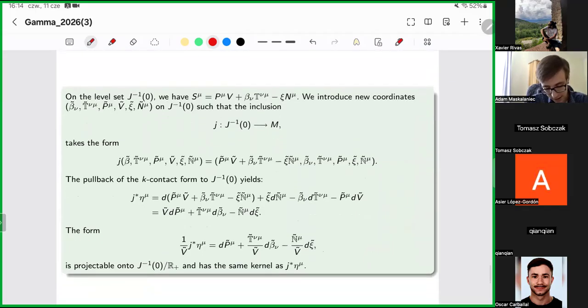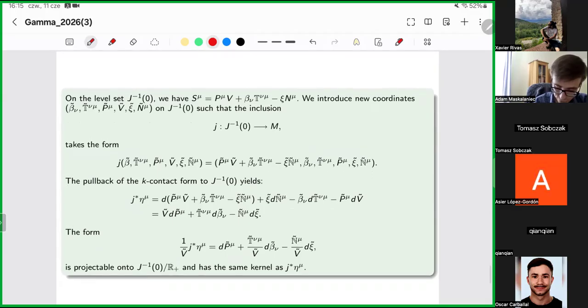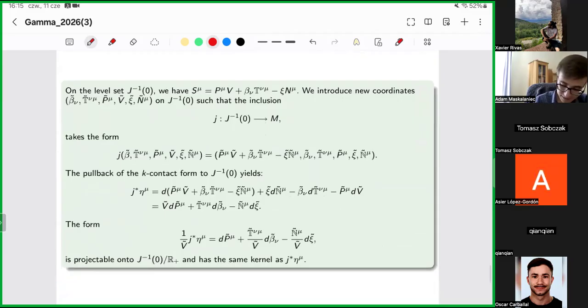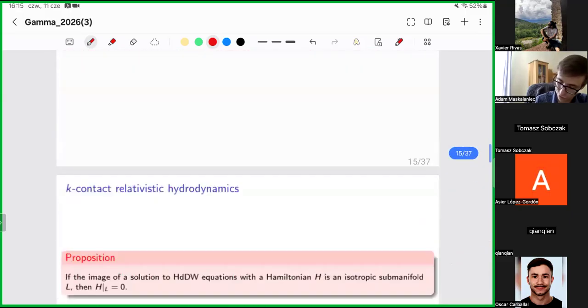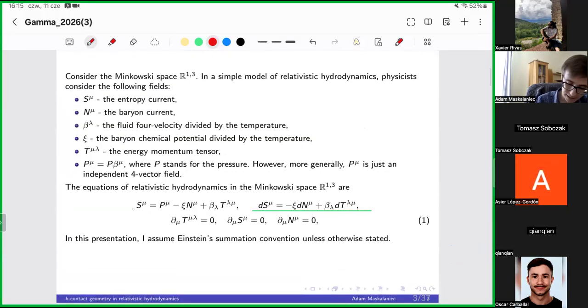And then, indeed, it turns out that if we at first restrict our submanifold to the level set of the momentum map, then we obtain a manifold with new coordinates with tildes, and moreover, this momentum map can be expressed using this so-called Gibbs-Duhem identity that was written on the first slide here.